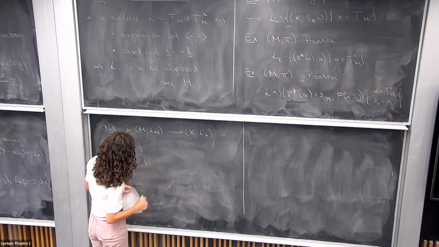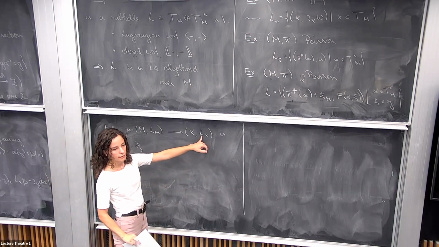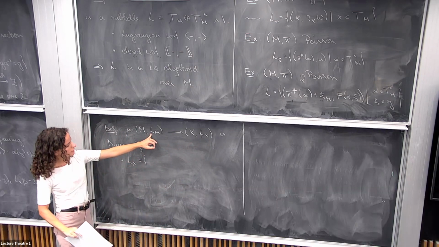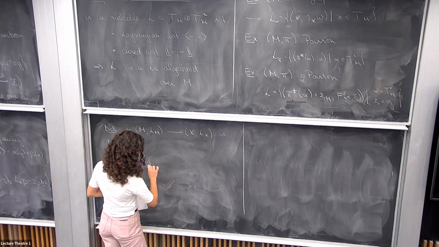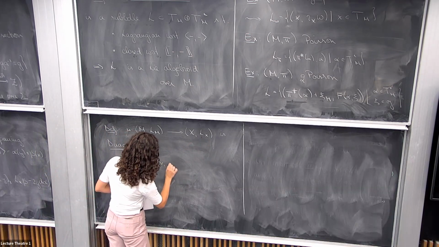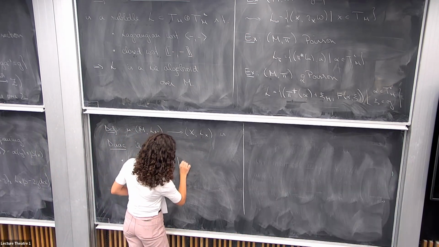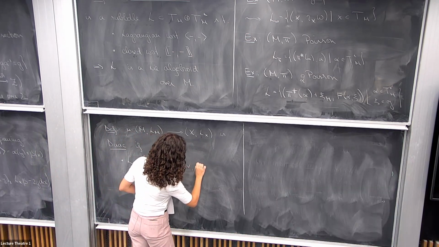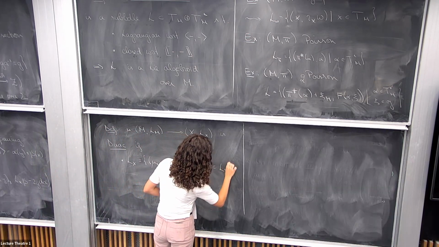So the first one is that the Dirac structure on X is induced by the Dirac structure on M in the following way. It consists of pairs of the form mu star applied to a vector v, comma alpha, with the property that v, comma mu star of alpha, is in Lm.